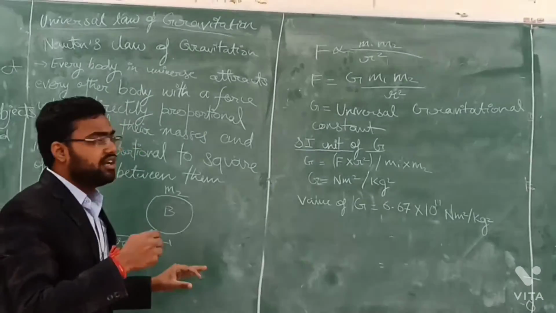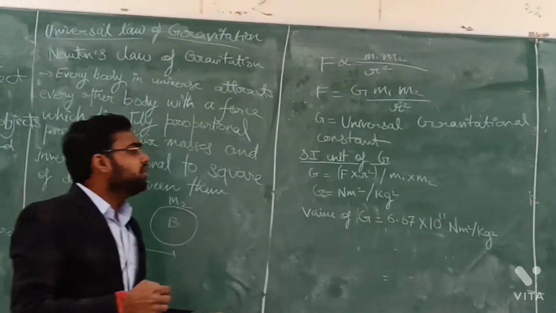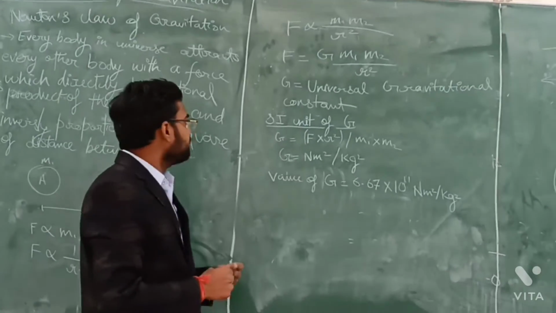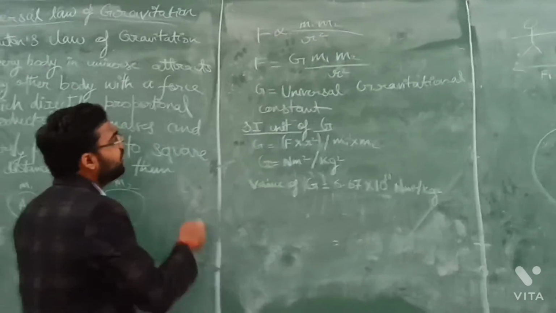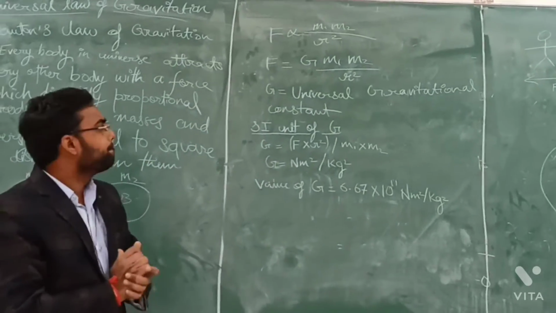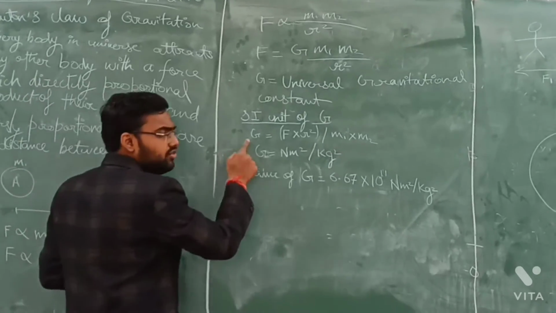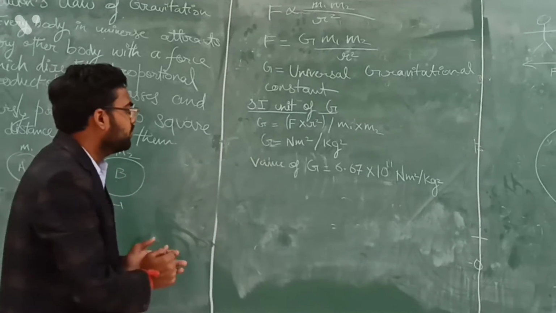G is the universal gravitational constant, and this is so because the value of G cannot change in this universe. Now, SI unit of G. We know F is equal to G M1 M2 upon R square. Here, G is equal to F into R square upon M1 into M2.